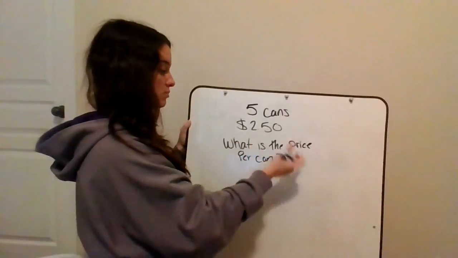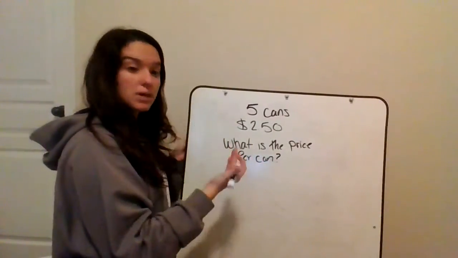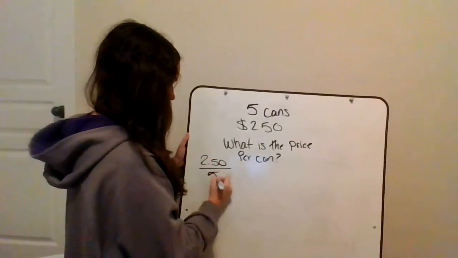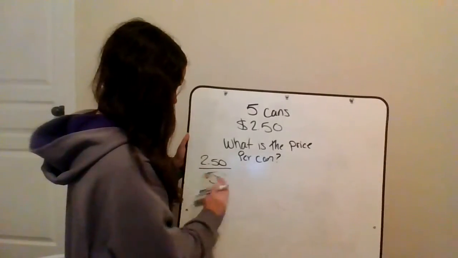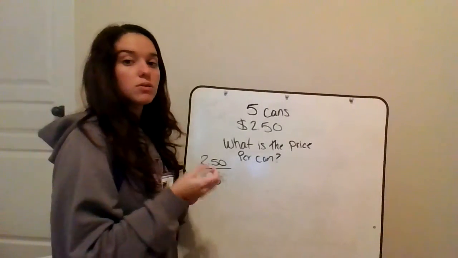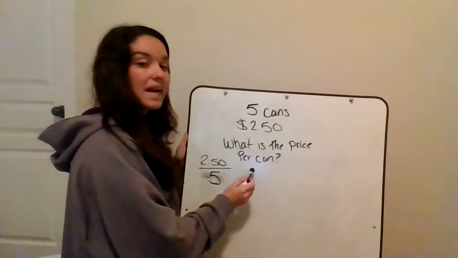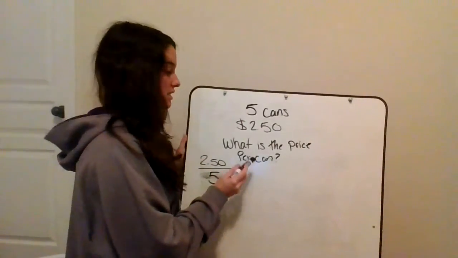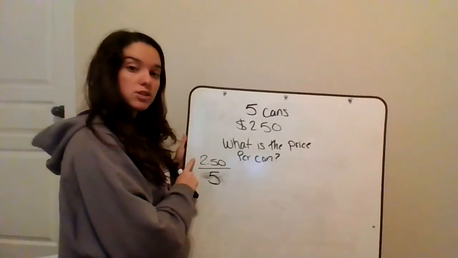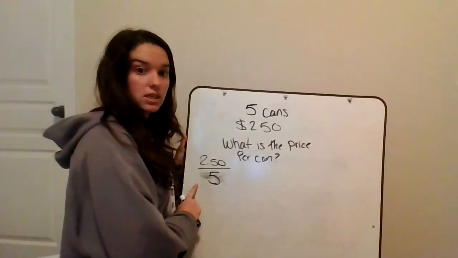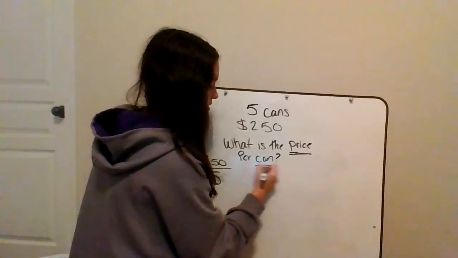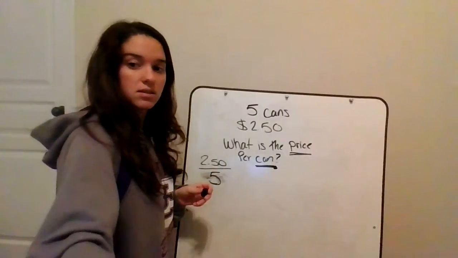This one says, what is the price per can? What is the price? $2.50. How many cans? 5. Just like that, you'd solve it. What you really need to pay attention to is what it's asking for when it asks for unit rate. Is it asking you price to can or can to price? That's going to tell you what your numerator is and what your denominator is. Numerator always comes first. Denominator always comes second.